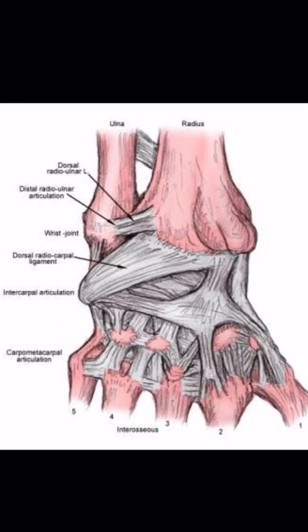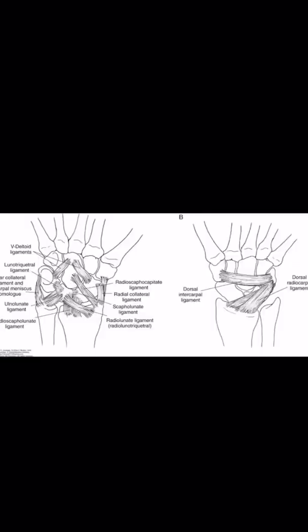So proximally they are connecting the carpals to the radius and ulna, whereas distally they are connecting the carpals to the metacarpal bones. And the intrinsic ligaments are those that interconnect the carpals with each other. They are also called interosseous or intercarpal ligaments. The extrinsic and intrinsic ligaments are present on the dorsal and volar aspects of the wrist complex.